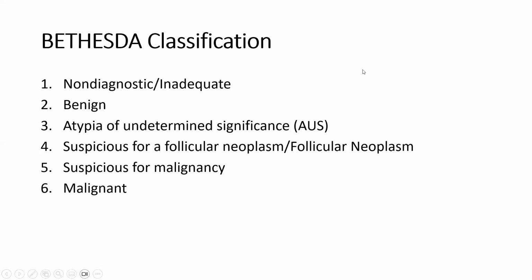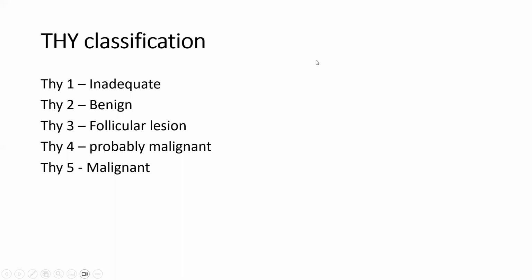An important thing to notice is this follicular neoplasm, according to the Bethesda classification, and this follicular lesion in the Thai classification. Okay. So if the FNAC comes as a follicular neoplasm or lesion, it can be one of two things.